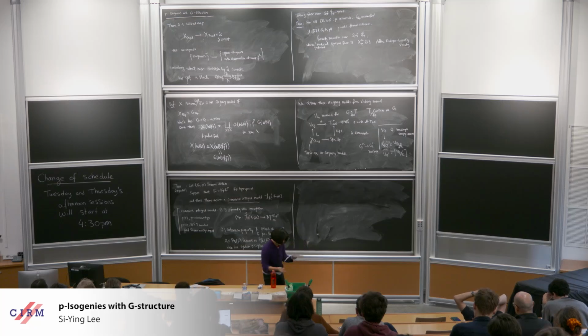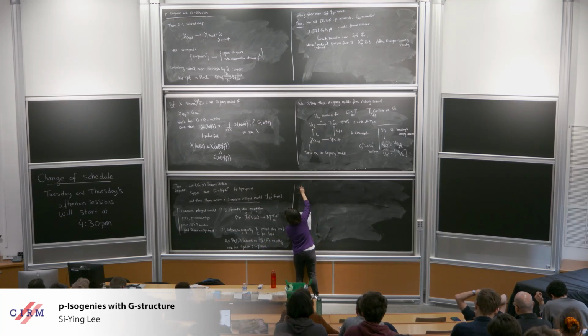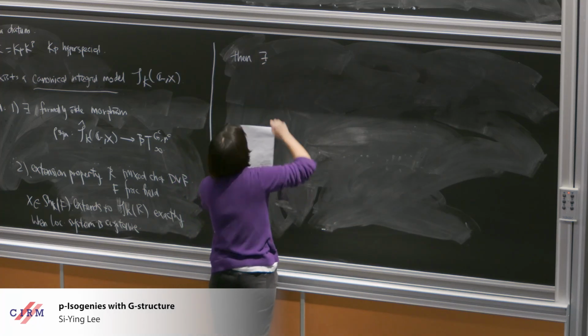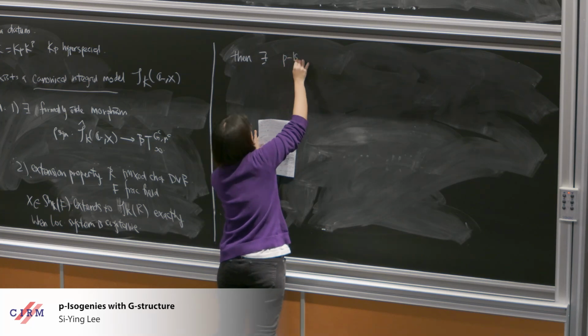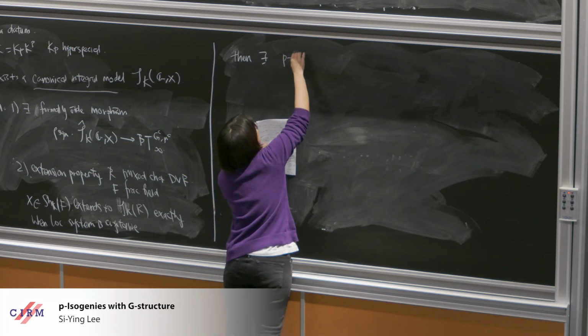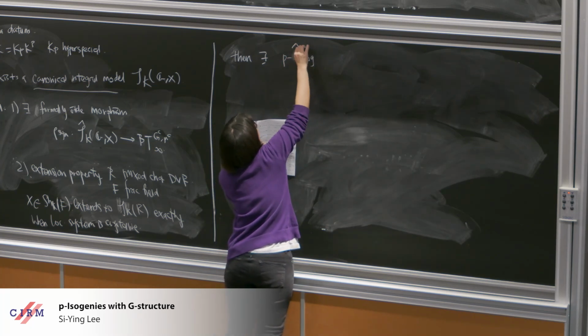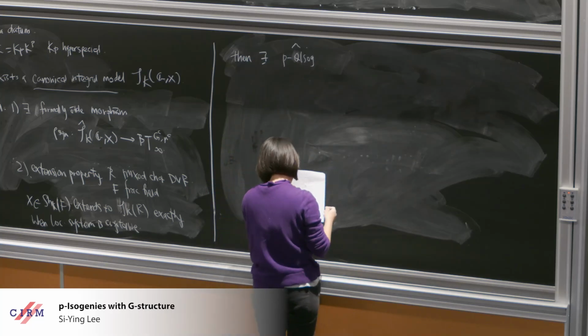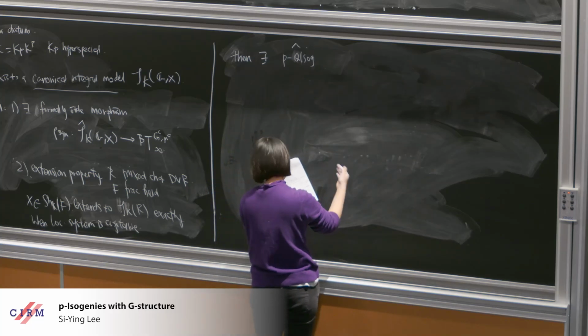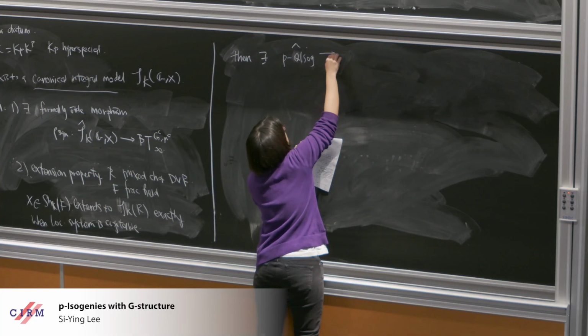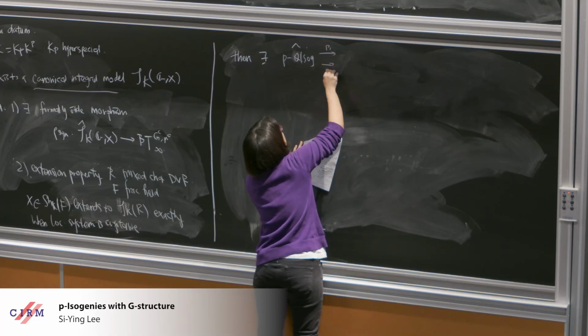So there exists a space that I'm going to call Q-Isog, some p-adic formal stack that's very similar to this P1 and P2.